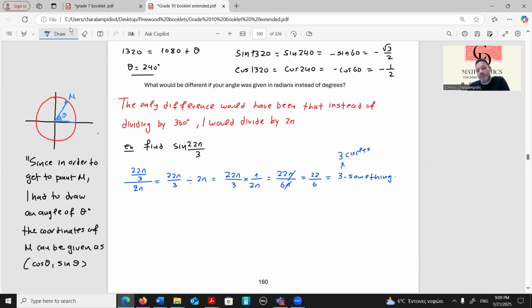And 3 circles is the same as 3 times 2 pi. So 22 pi thirds is 3 times 2 pi plus theta.